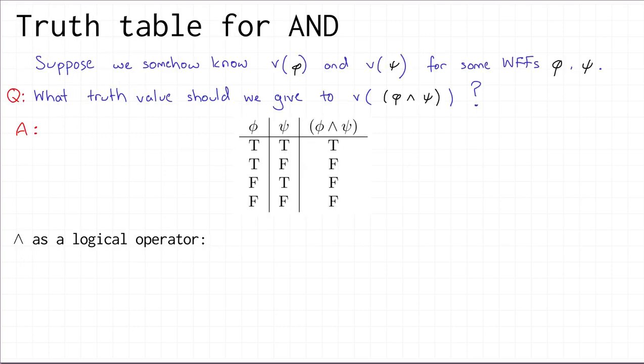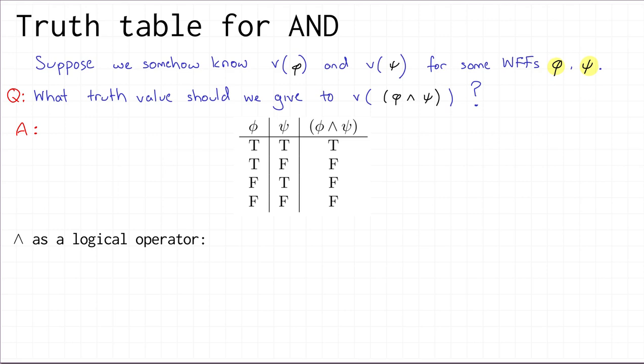Let's look at that in more detail then. So let's suppose that we have a truth assignment, V, and we've got some well-formed formulas, phi and psi, and that we know somehow the truth value that we're going to give to phi and to psi under this truth assignment. And the question is then, what truth value should we give to the well-formed formula phi and psi?